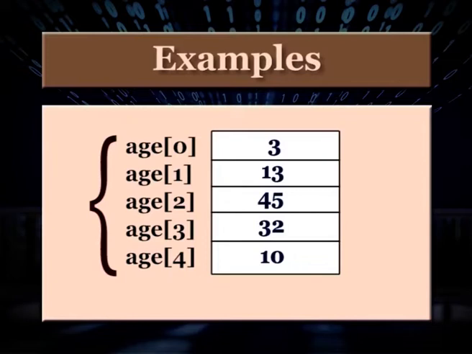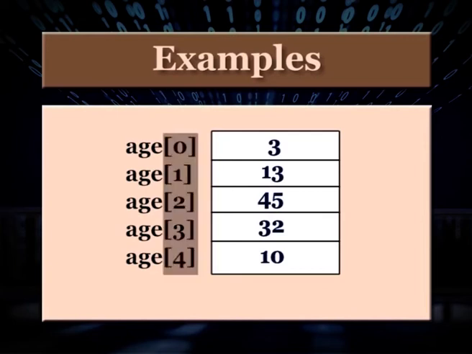Thus, all the elements in an array are of the same type but their values vary. Each element of the array named age has int data type and it occupies 2 bytes in the memory. The first array element has value 3 and the last element has value 10. The subscripting of array elements varies from 0 to 4.